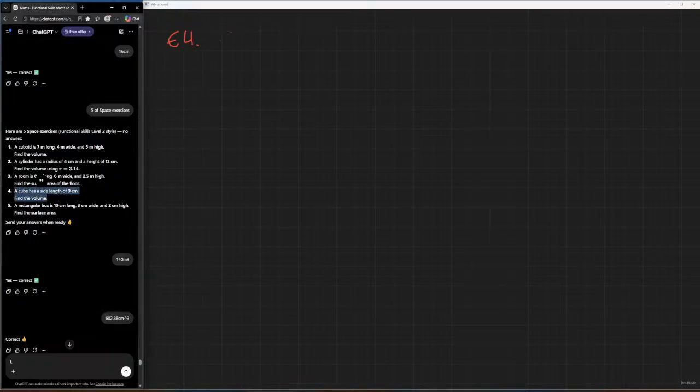Question 4. A cube has a side length of 9 centimeters. Find the volume.